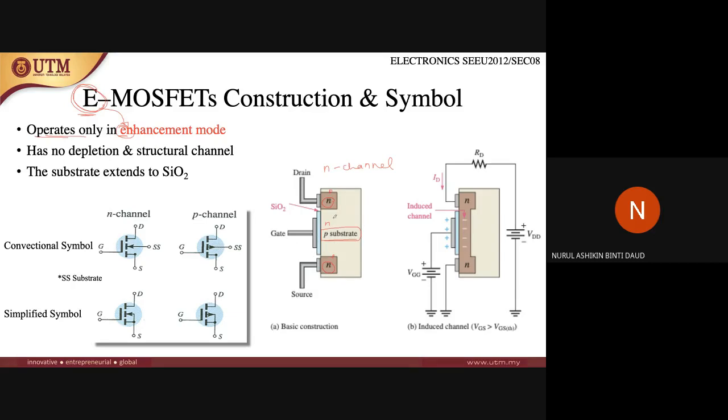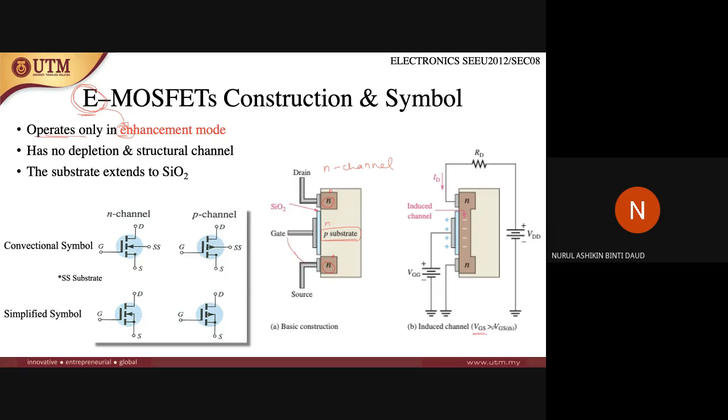Once you apply an external voltage at the gate and source, for example here, it will create the voltage VGS between the gate and the source.